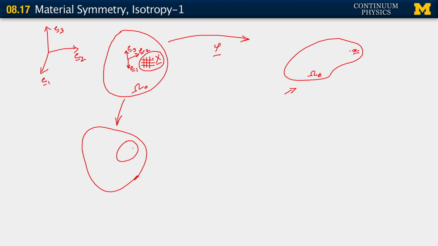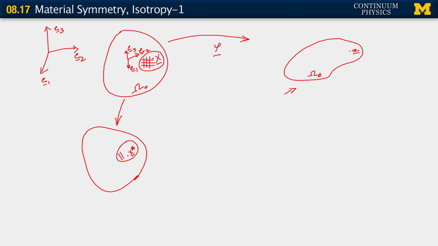Okay, I'm going to denote this neighborhood as X star. Okay, and what has happened in my applying a rigid motion on this reference configuration is that the microstructure I drew in the neighborhood around X has suffered a rotation. Okay, and a translation, of course, but a rotation for the microstructure is more important here.